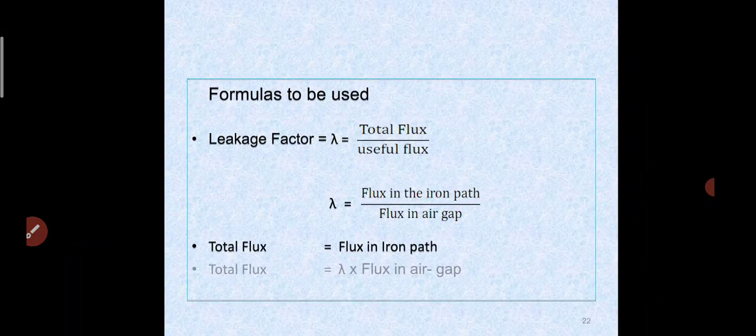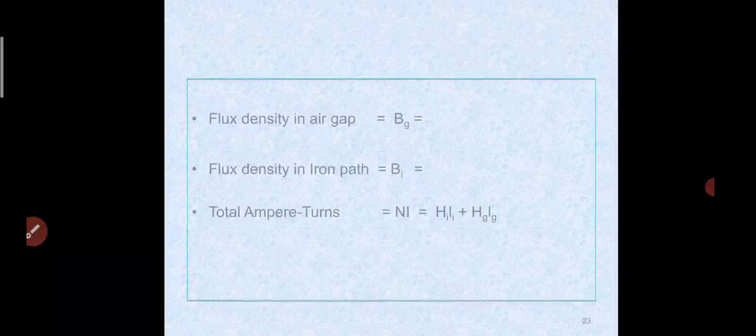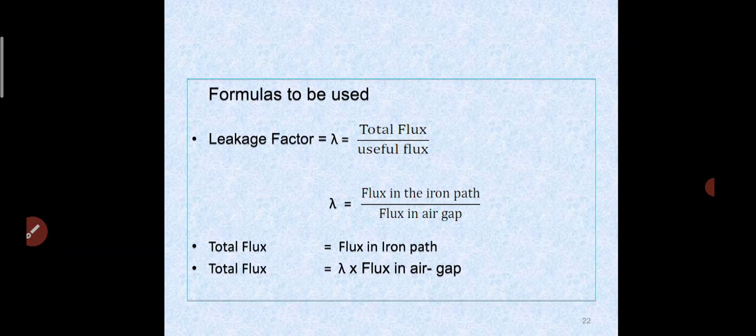Now formulas. So leakage factor is total flux by useful flux. Leakage factor is equal to flux in the iron path by flux in air gap. The total flux is equal to the flux in iron path.